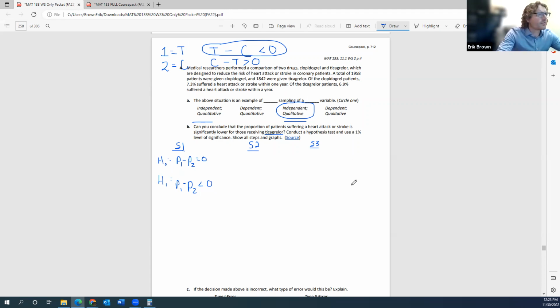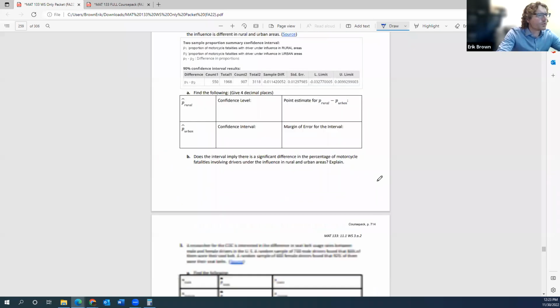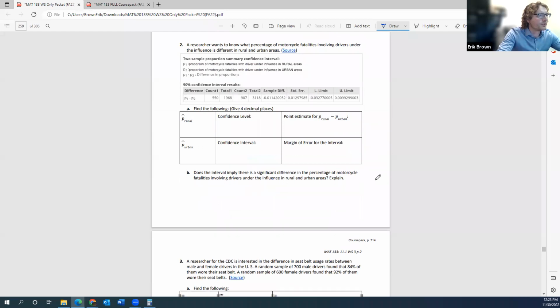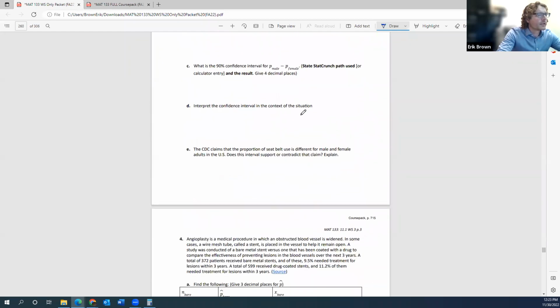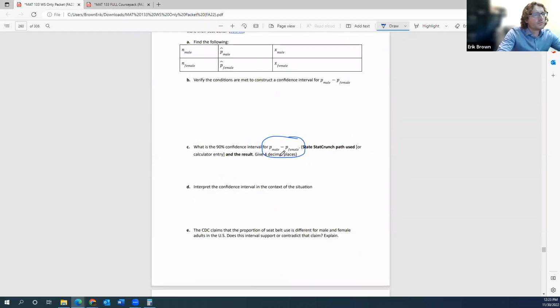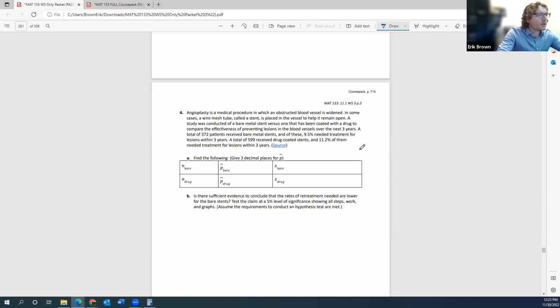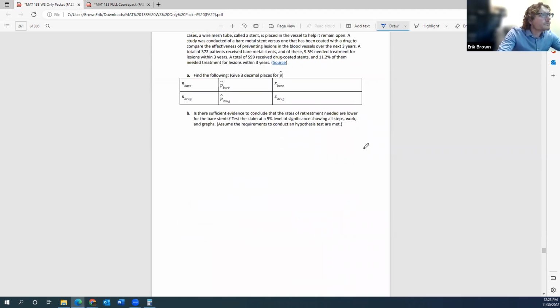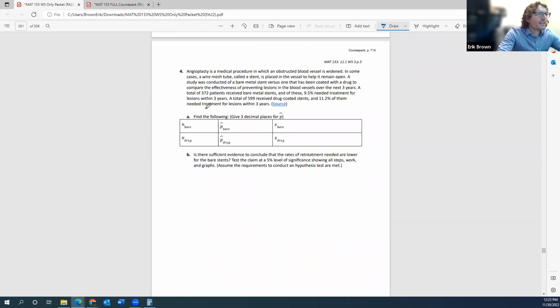Sometimes you don't have the freedom to do that. Let me see if there's a worksheet where we tell you which direction to do it. Here's one. Here we said make males group 1, females group 2. This one lets you do it any direction you want.